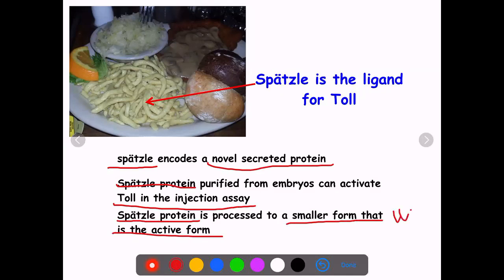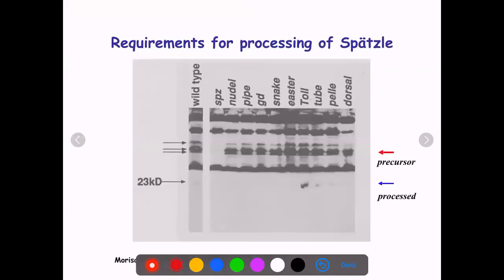Because of this fact, the next story is that they wanted to ask what is processing this Spätzle. So they raised an antibody against Spätzle, and then they ran the protein extract of each mutant. So this is the wild type control: Spätzle, noodle, pipe, GD, snake, Easter, Toll, all these mutants, and they did a protein extract and ran it.